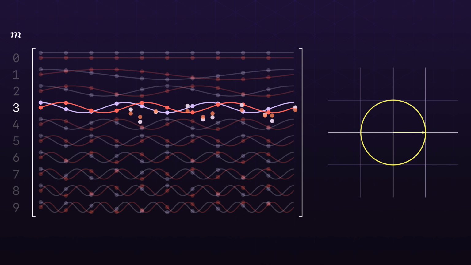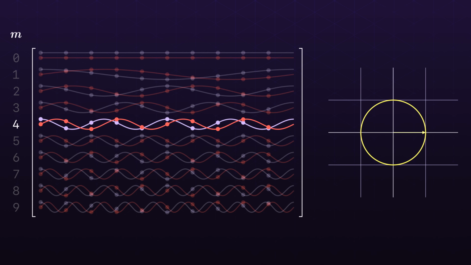We plot the sine and cosine points as before, and what we again see is that they are uniformly sampled points from the unit circle with an underlying frequency of 3 cycles. This pattern actually ends up continuing over all analysis frequencies. The key interpretation here is that each analysis frequency samples points from the unit circle in a uniform manner with an angular frequency that matches the analysis frequency.